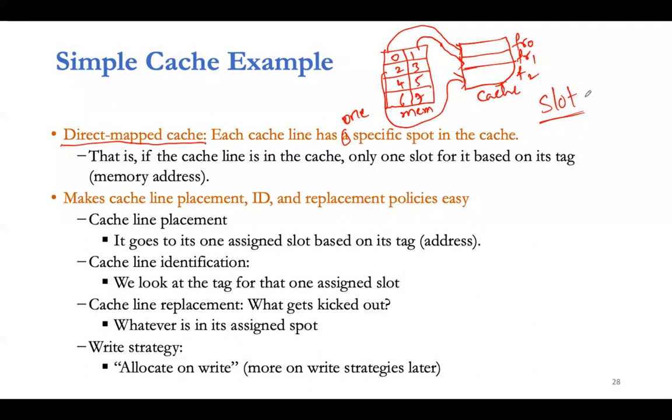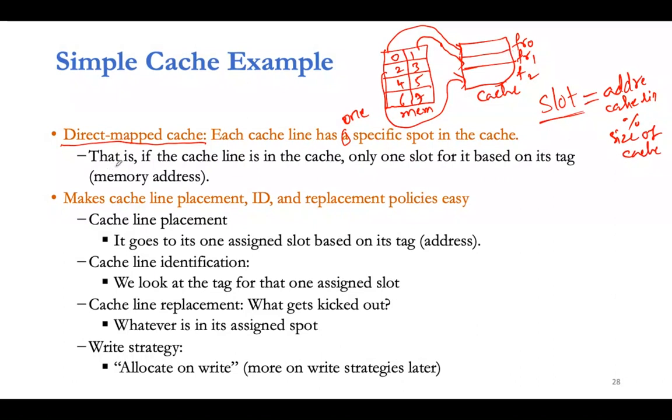That will be calculated as the address of your main memory, or the address of your cache line, modulo the size of your cache. By doing this, the dedicated frames will be allocated.